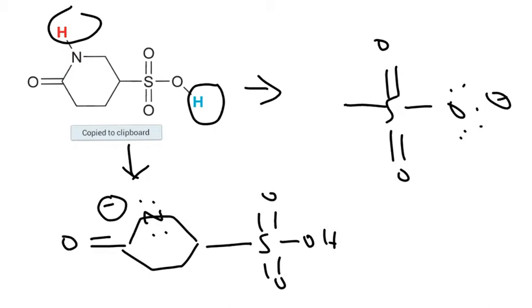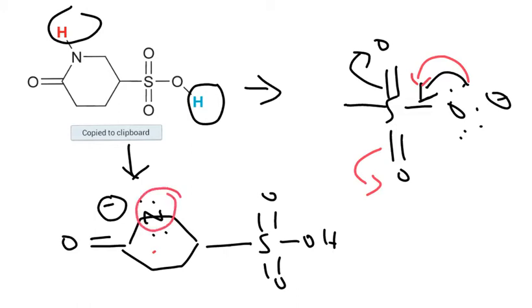But again, oxygen is more electronegative, and it has more resonance forms. You can push these electrons here, or I can take and push those there and push these here, or I can take this same pair of electrons and push them here, and then break this pi bond, right? So I can do two resonance forms here. Here I can only do one.